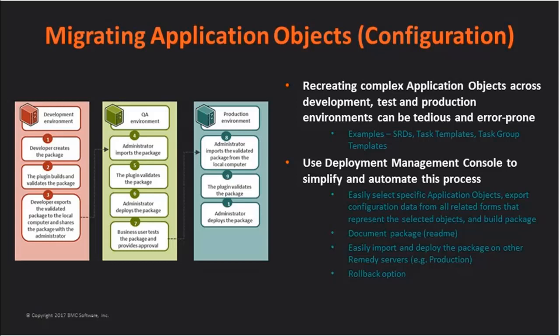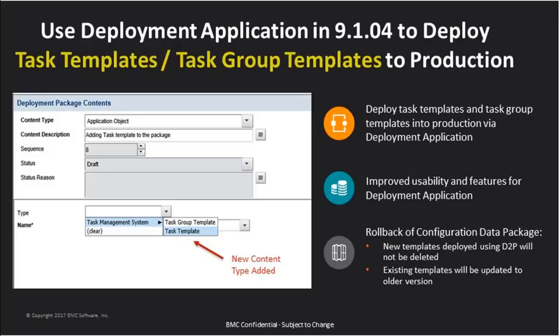We've traditionally supported that for catalog items and SRDs, which are probably the most complex structure from an application configuration perspective. But with the 9.104 release, we're expanding this area again into task templates and task group templates.